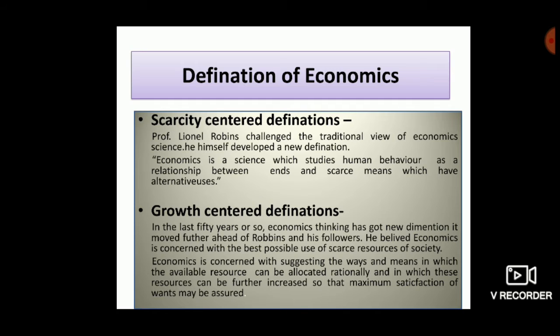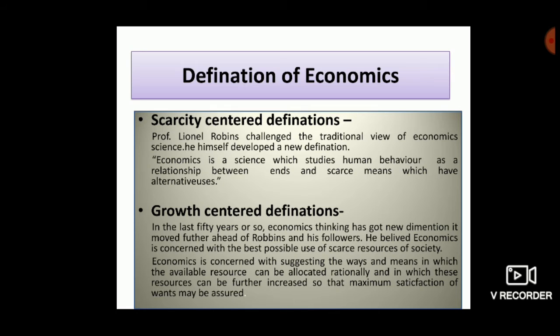I have discussed with you that according to Professor Robbins, economics is a science which studies human behavior as a relationship between ends and scarce means. Ends and scarce means: two main points.